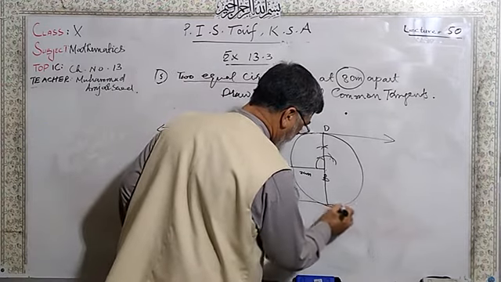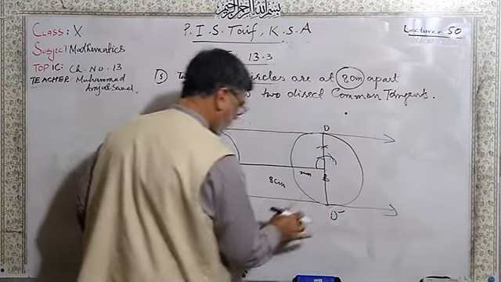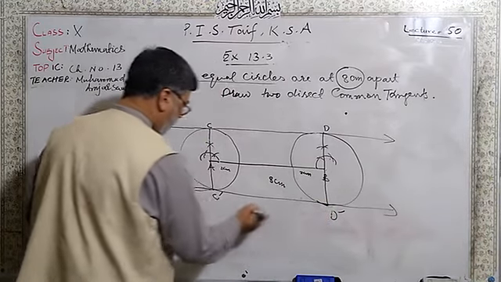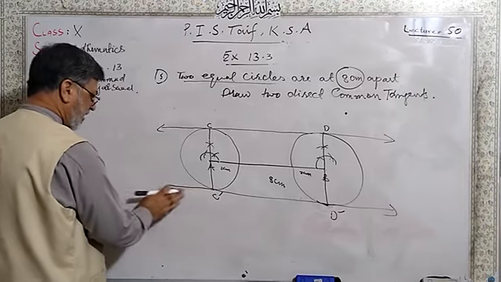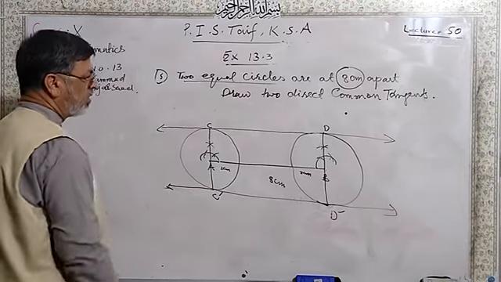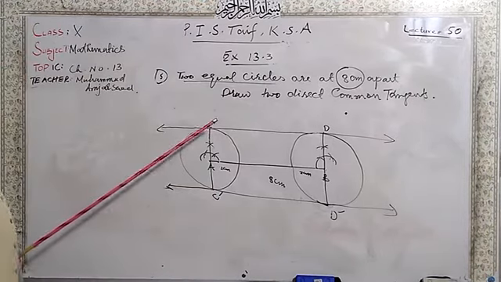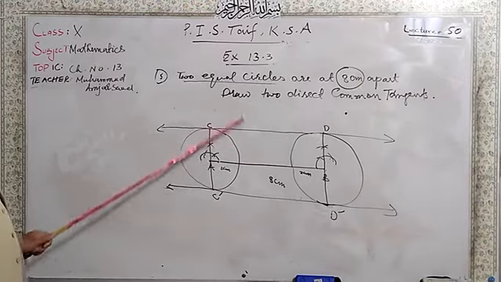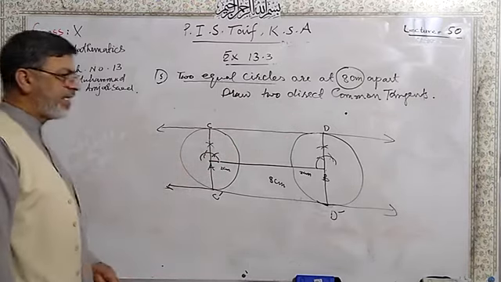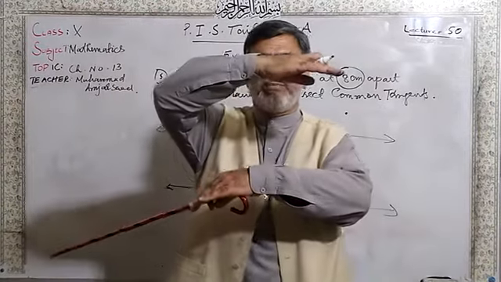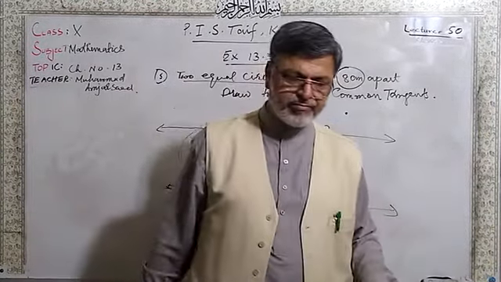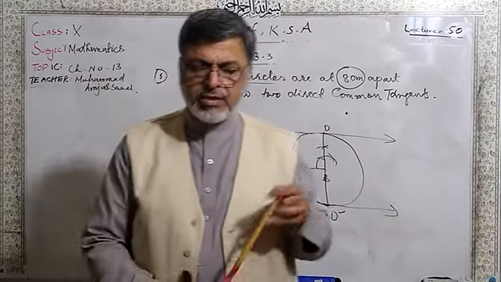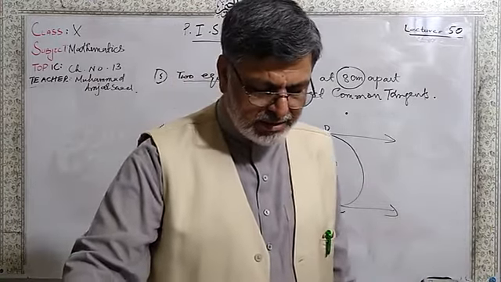Like this, it will touch the circle in this way. Remember that this tangent will not enter the circle. So dear students, CD and C dash D dash are the two direct common tangents. This is the shape of direct common tangents, and transverse is this shape.